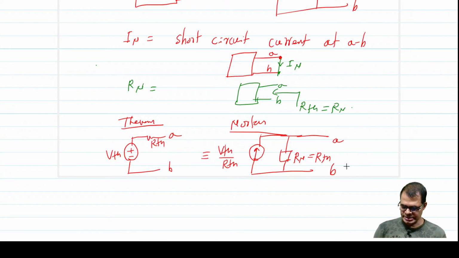Hope it is clear. Okay, I needed to discuss how to calculate the actual equivalent circuit once, or if you have been given the Norton equivalent circuit, then you can easily find out the Thevenin equivalent circuit.